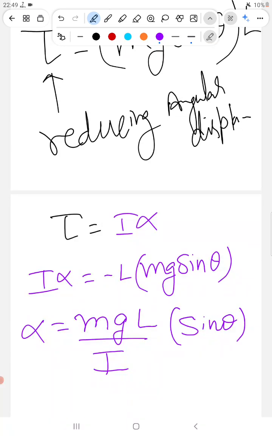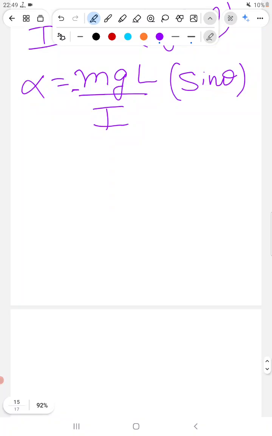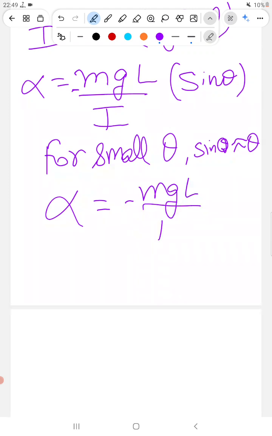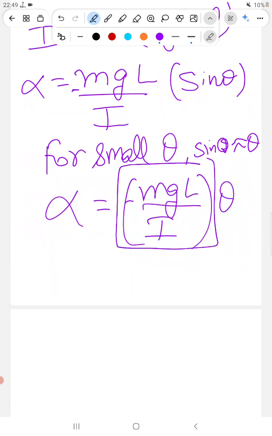Sir, this sin theta can also be written as theta for small theta; sin theta is nearly equal to theta. So alpha equals minus mgL upon I into theta. This whole is constant: L, g, m, I are all constant.